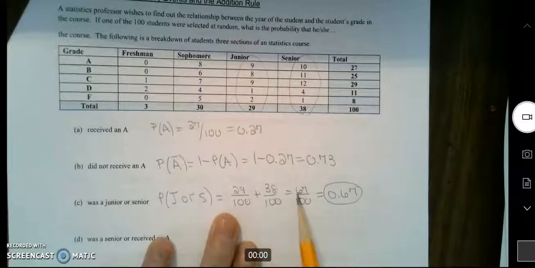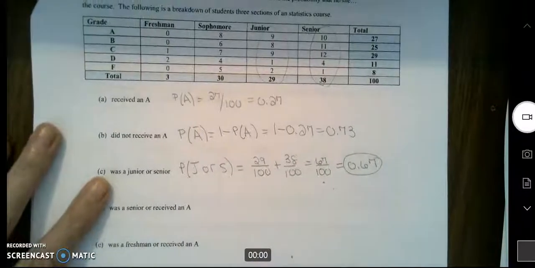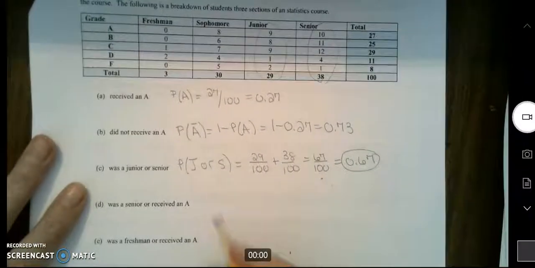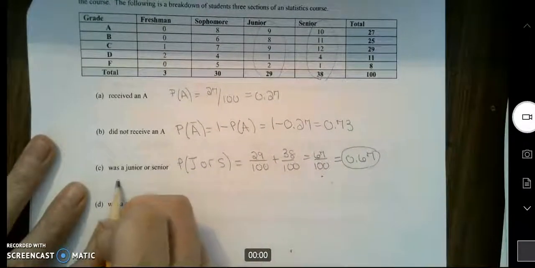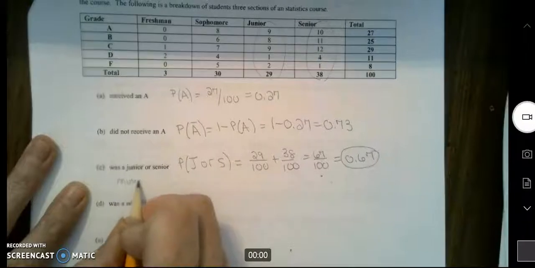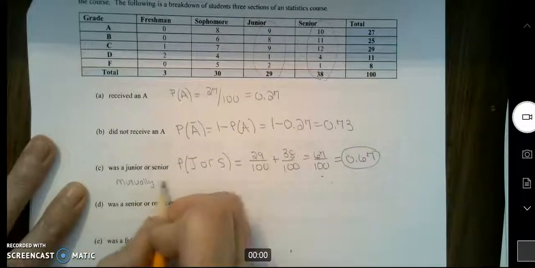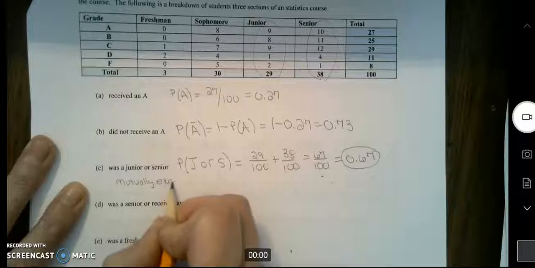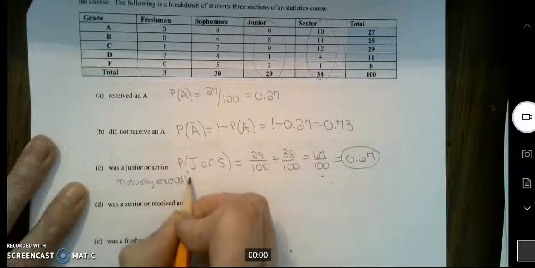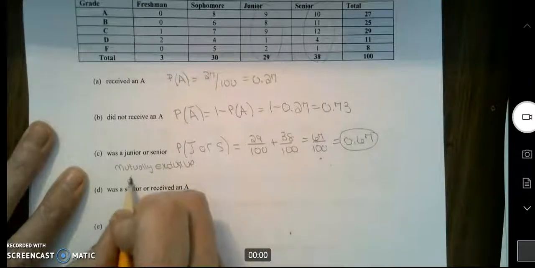So the answer is still 67 out of 100. Okay, so this example, since there's no overlap, they are mutually exclusive, so I'm just going to write that down. And you could also say the word disjoint, either way.